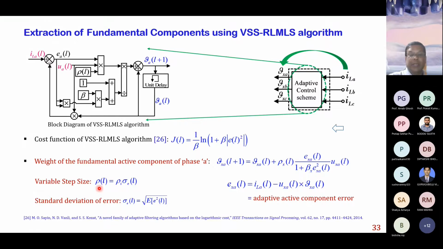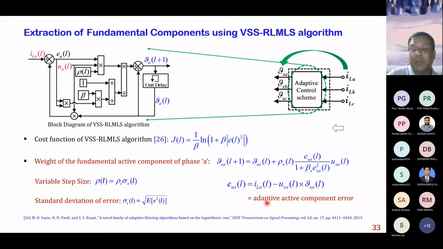And we use a variable step size rho L, that is rho L equal to rho times sigma EL, where we use sigma EL as the standard deviation of the error signal. And this EXL is basically updated.